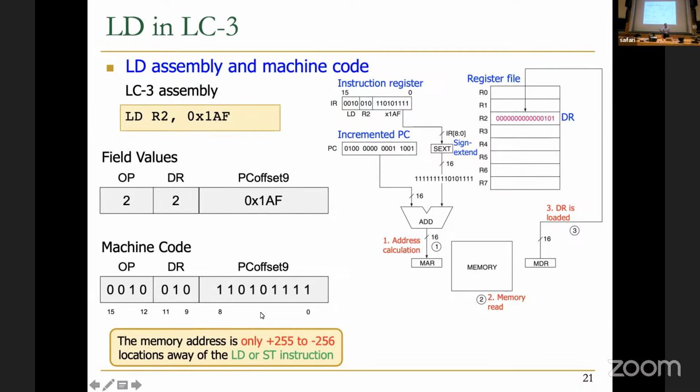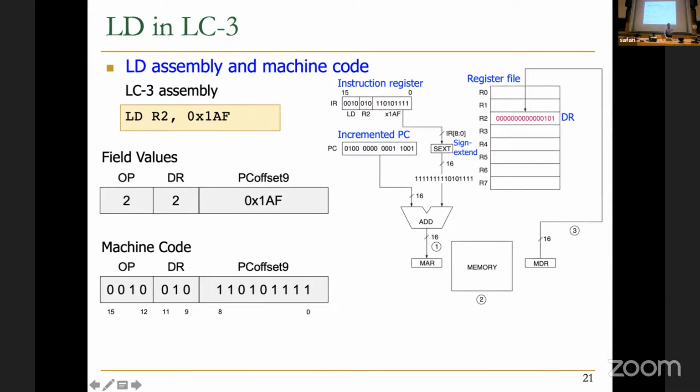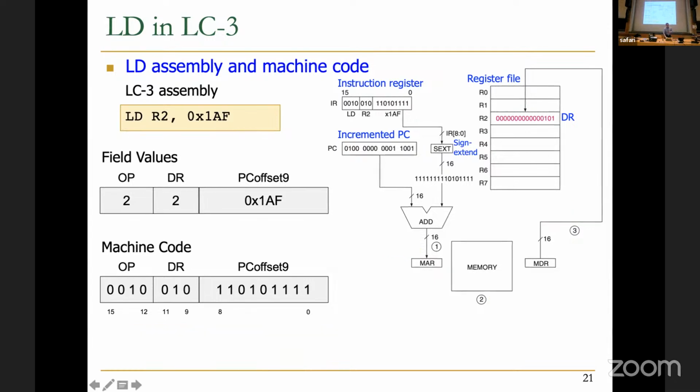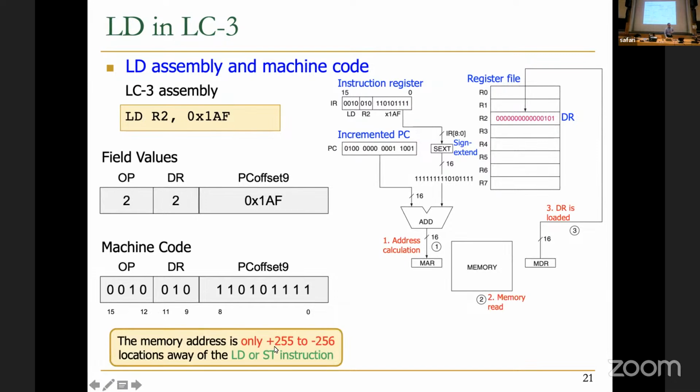As you know, using two's complement integers, a 9-bit value can encode integers from plus 255 to minus 256, which means that the address of the memory that could be calculated using this addressing mode is limited to a distance of 255 after this load or store instruction and 256 before this load or store instruction.